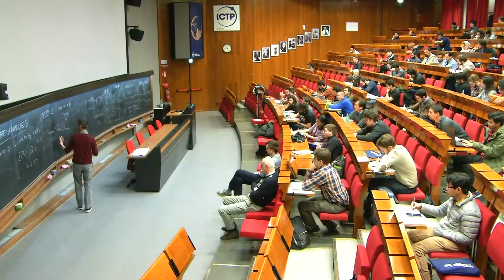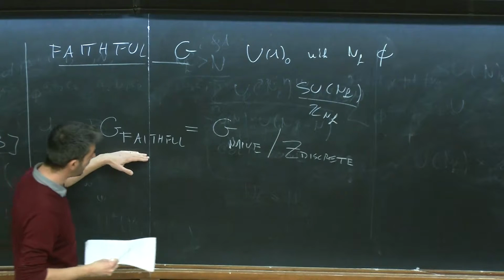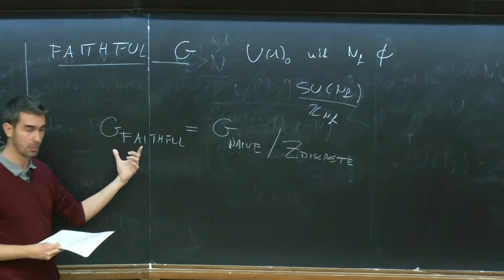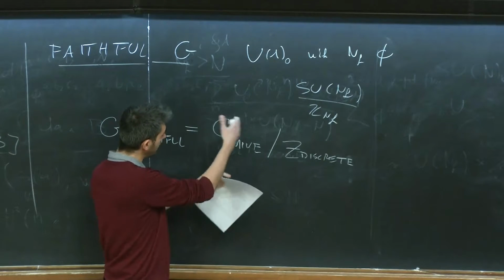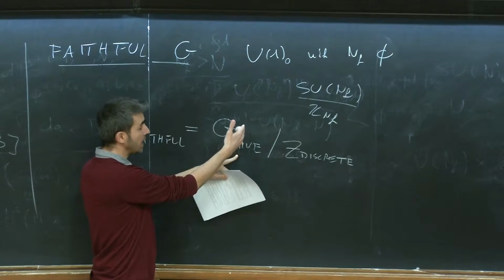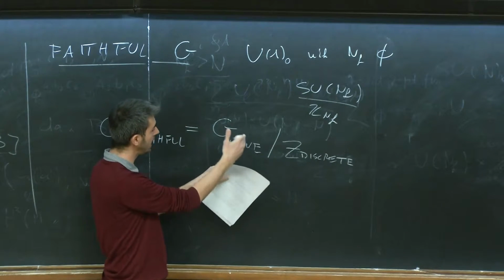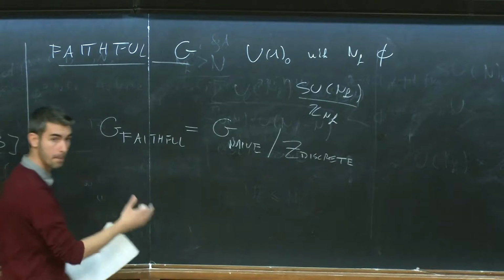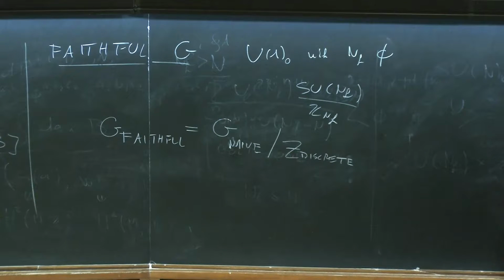And now the crucial point here is that the bundles for this quotient group are more general than the bundles for this group here. So there are more bundles for the faithful group than bundles for the naive group. And so if we are naive and we say, okay, the symmetry is only this one, then we will be missing a lot of interesting observables in the theory, because we would limit ourselves to bundles for this group, which are less general than bundles for this group. Okay? Of course, that would maybe not be a big mistake, but we would be missing some interesting physical information, some interesting observables.